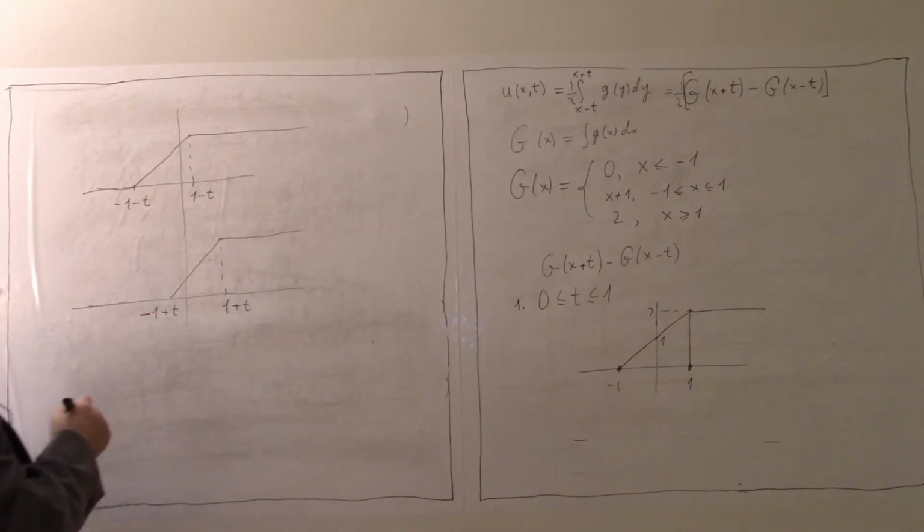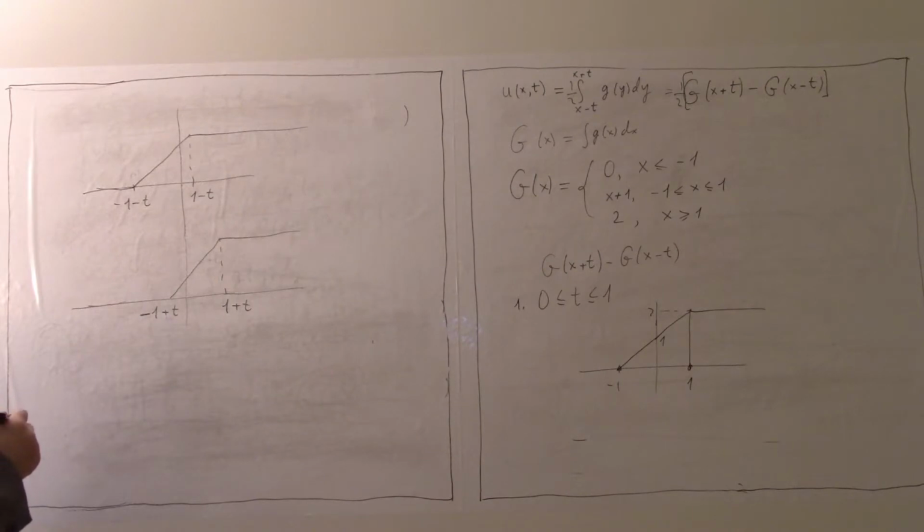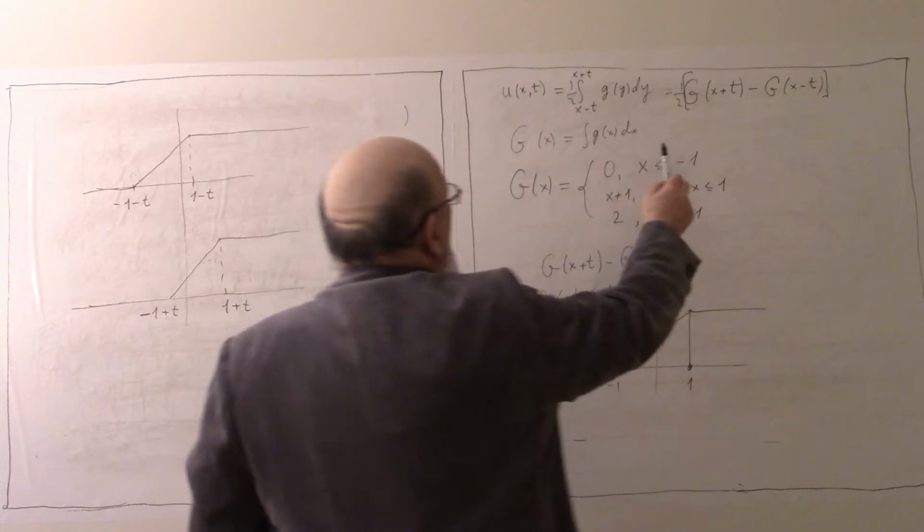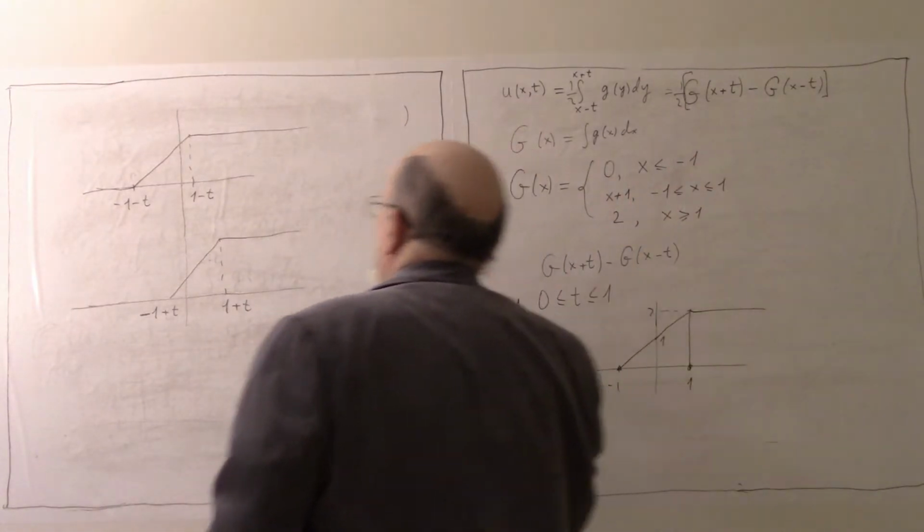So we have four singular points, two singular points for the first term and two for the second.